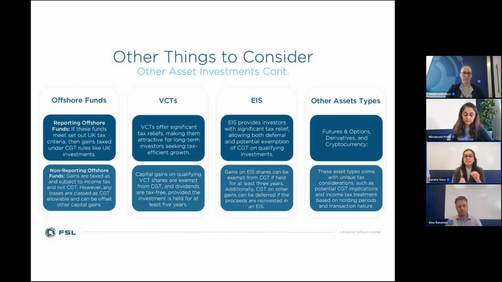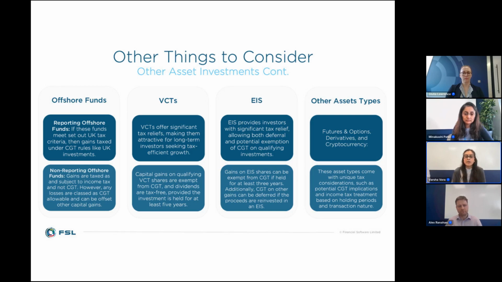So there are tweaks in the way that the rules are used and how they are governed from a CGT perspective. So again, providing and making sure that your investors and clients know what they've invested in and how their gains and losses in each of these different asset classes are being used, how they are being offset, and making sure that the correct rules are being used for those as well.